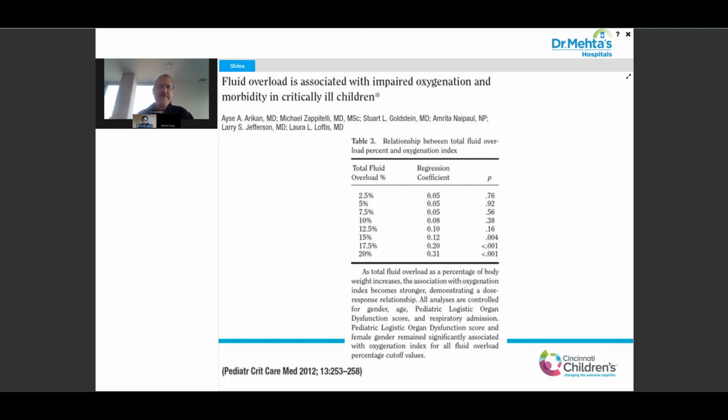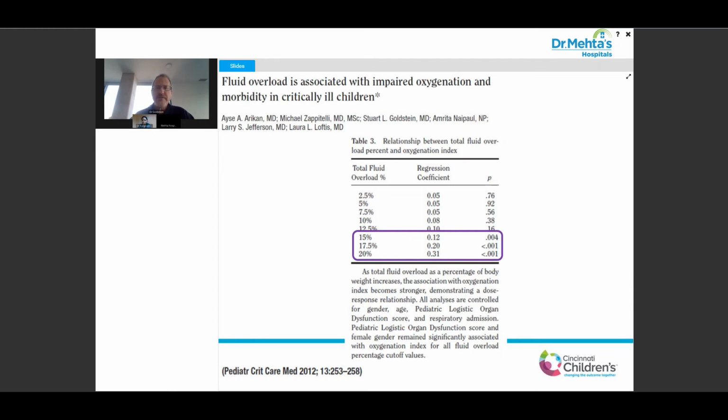And what she found was, interestingly, at 15% fluid overload, the association with fluid overload and oxygenation index became statistically significant. A higher oxygenation index means that patients have more pulmonary edema. They need more mean airway pressure or a higher FiO2 to get the same PaO2 on the blood gas.